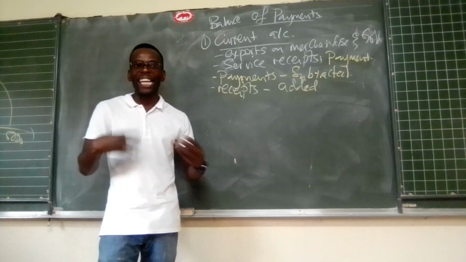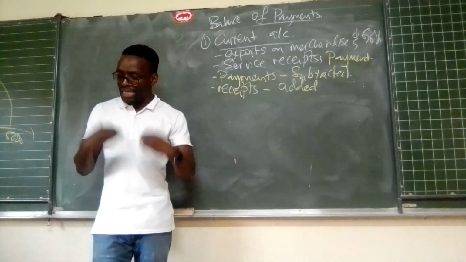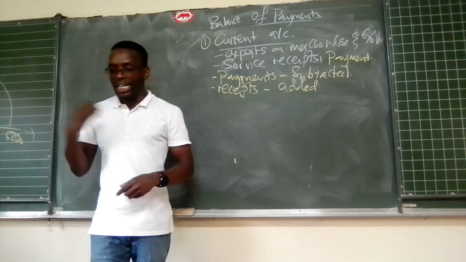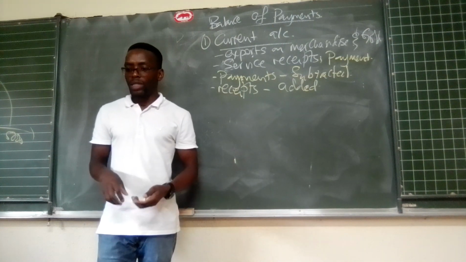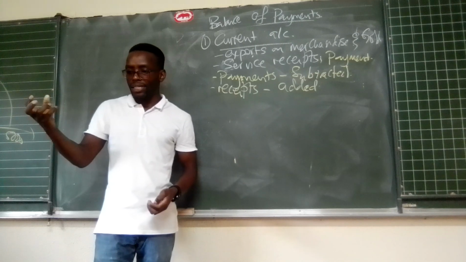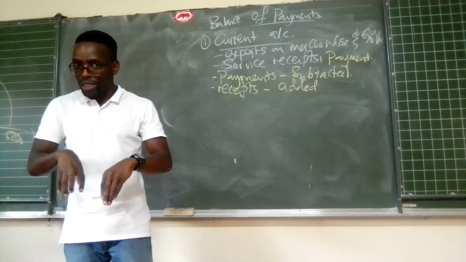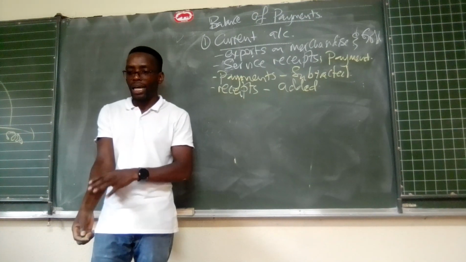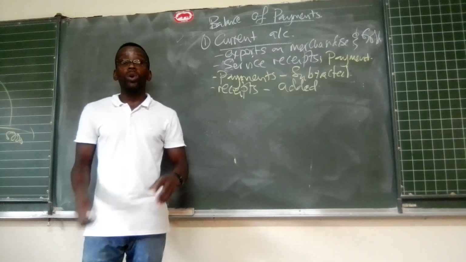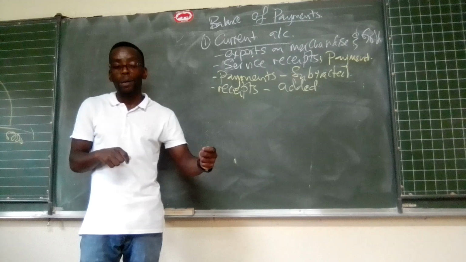that are an indication of the amount that was earned by citizens, whilst income payments show the amount that was earned by non-citizens who are working in our country. You understand? So what we are saying is our current account is also going to include the income receipts and the income payments.